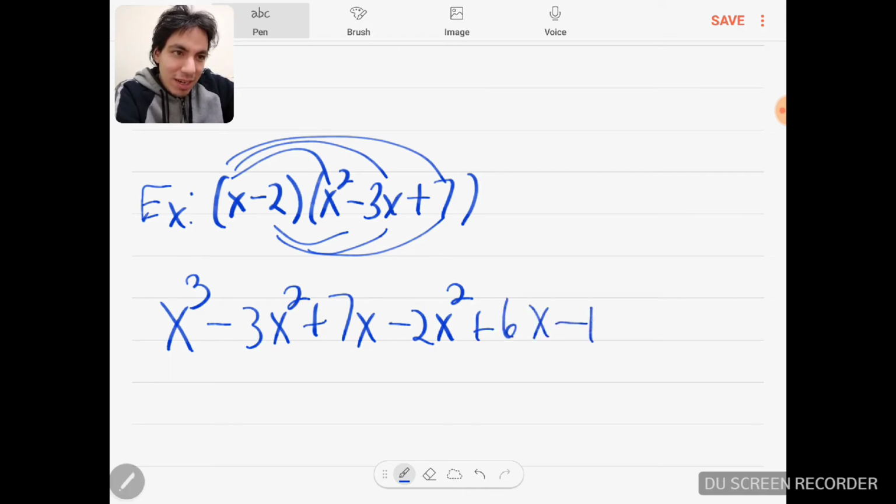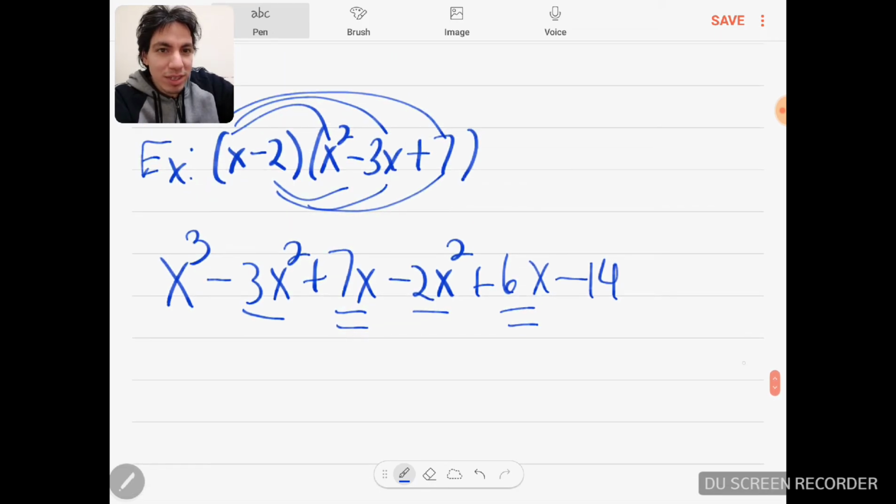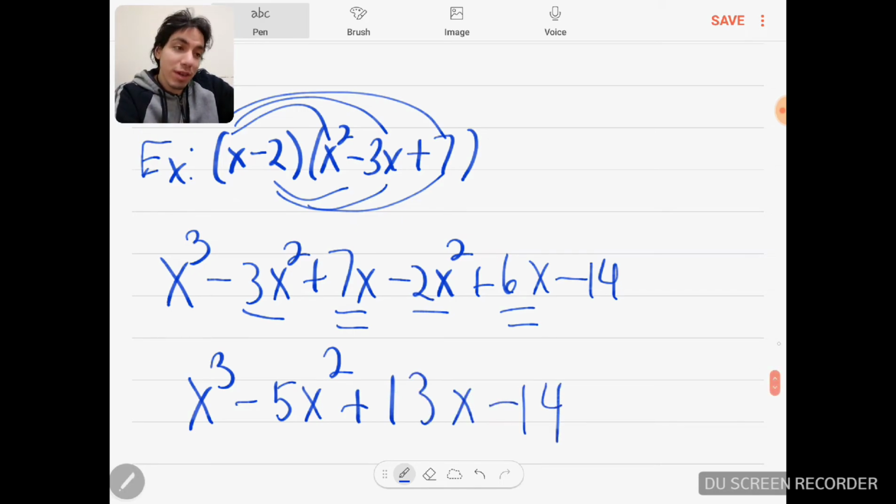And then I get negative 14 because negative 2 times 7 is negative 14. I combine the like terms, but I can't combine x to the third because there's no other term of that power. I get negative 5x squared plus 13x minus 14 as my final answer.